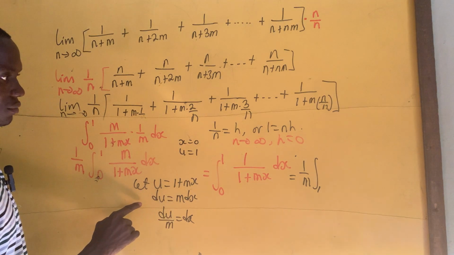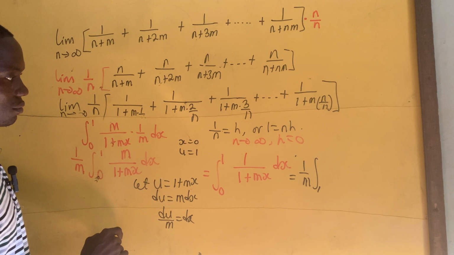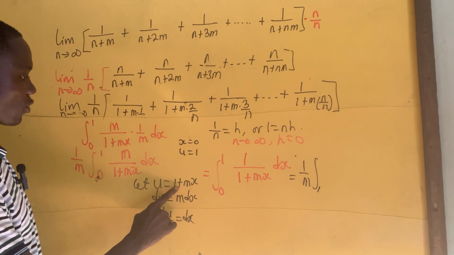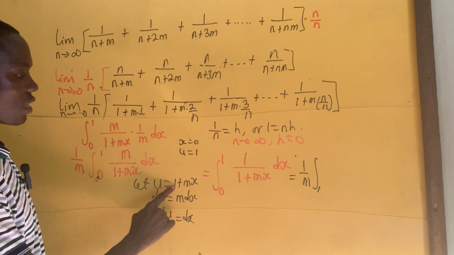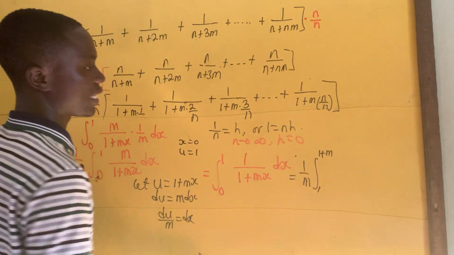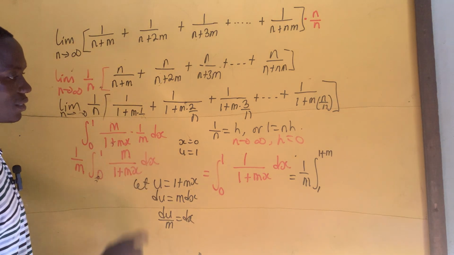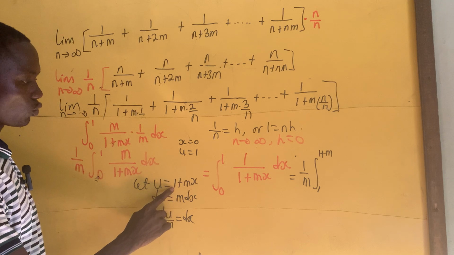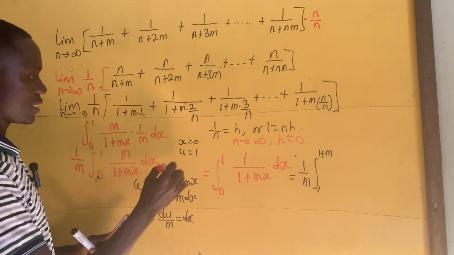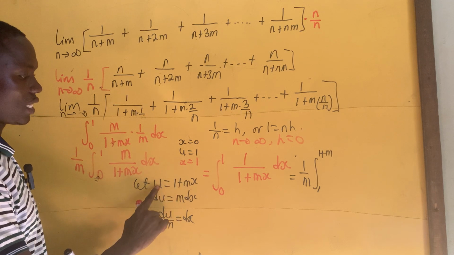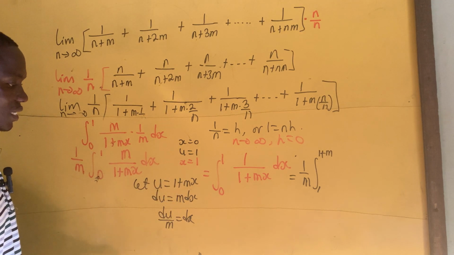But if x equals 1, we have u equals 1 plus m, so we have 1 plus m at the top. If we put x equal to 0, m times 0 is 0, so we are left with 1. But if we put x equals 1, m times 1 is m, so we get 1 plus m.